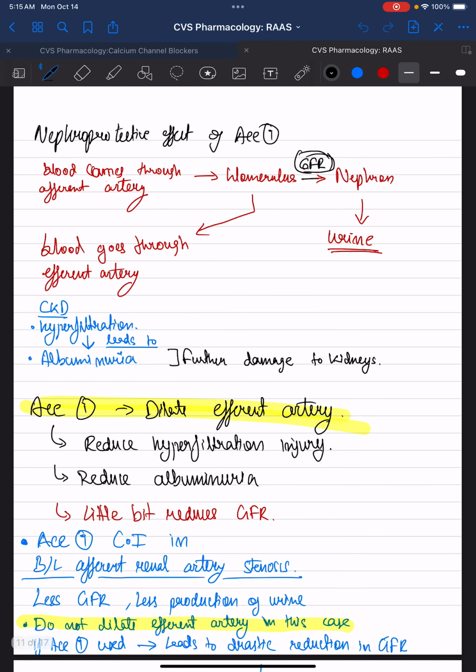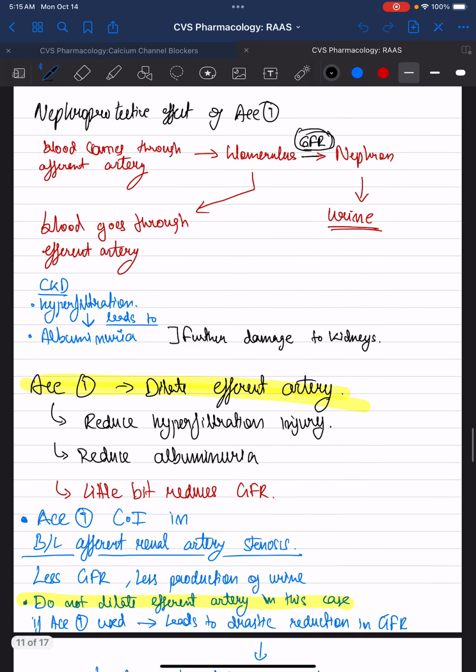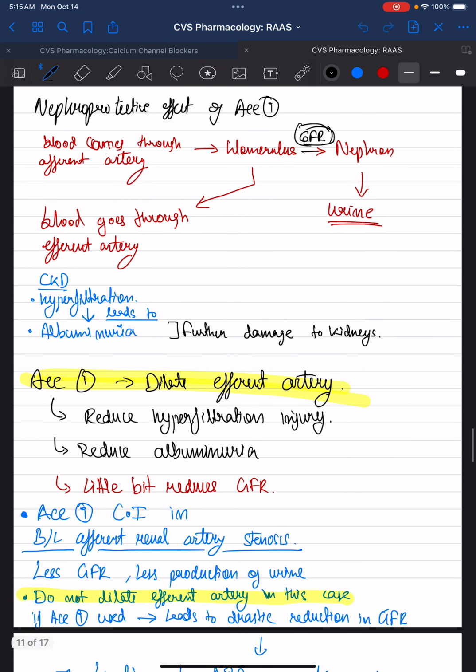So in CKD there is hyperfiltration, which leads to albuminuria, which leads to further damage to the kidneys. So what the ACE inhibitor does is it dilates the efferent artery. The efferent artery is where the blood leaves the glomerulus.